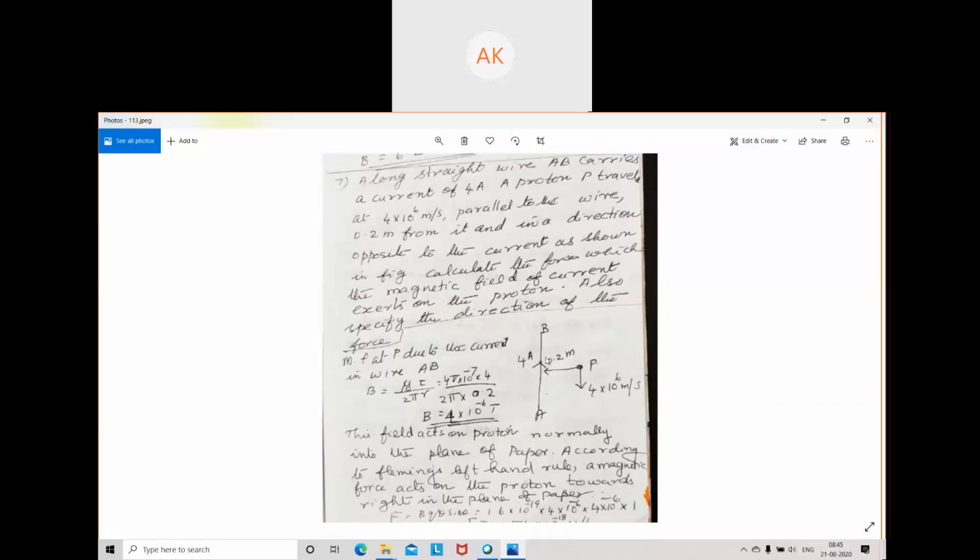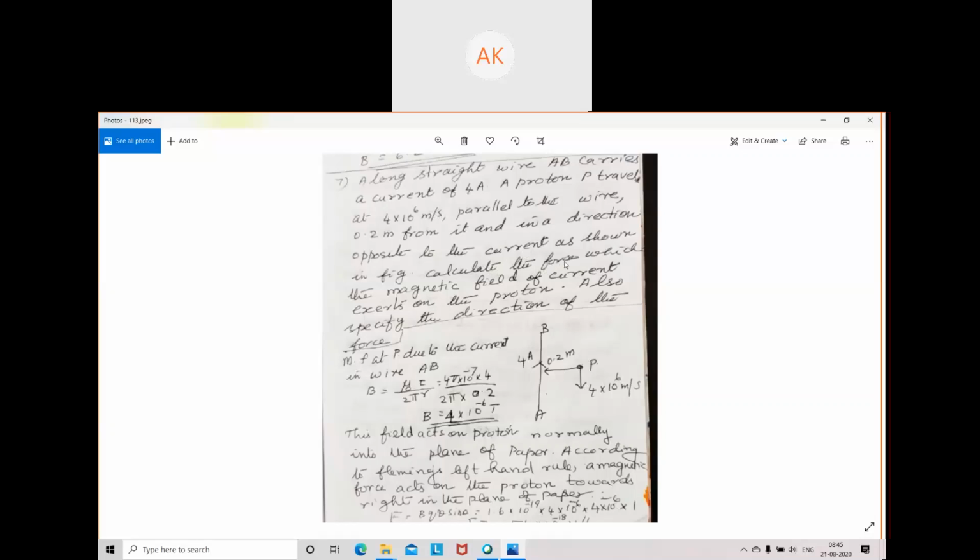So the distance between them is 0.2 meter, and it is moving parallel, but one more thing is there: in a direction opposite to the current as shown in figure. The current direction is marked upwards, so the proton is moving opposite to the current direction. Okay, so we have expressed everything in a figure.